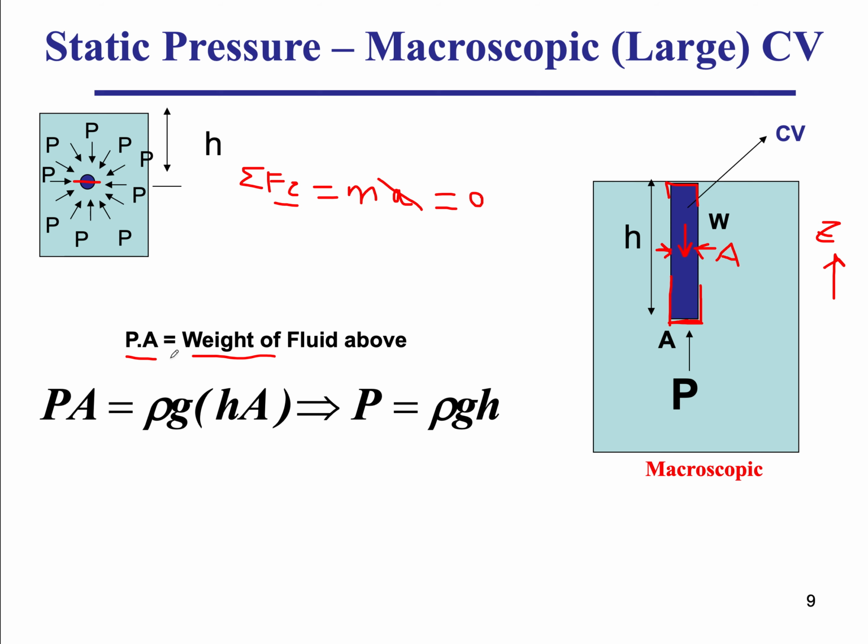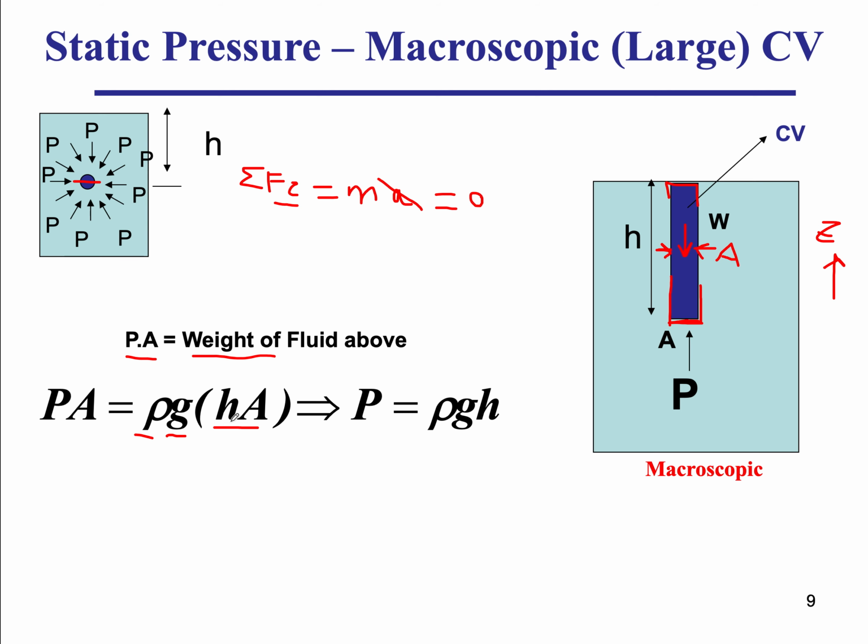So, what is the weight of the fluid? It's the volume of this fluid, which is the area multiplied by h. That gives me a volume. Multiply the volume by a density, you get a mass, and multiply by the gravitational acceleration, you get a weight.